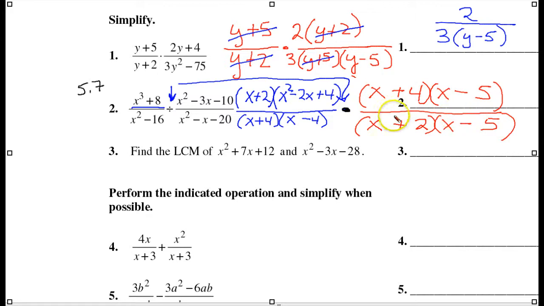Now, what do you do? Well, you start canceling out common factors, just like we did up here. Oh, did the wrong one here. Not this one.